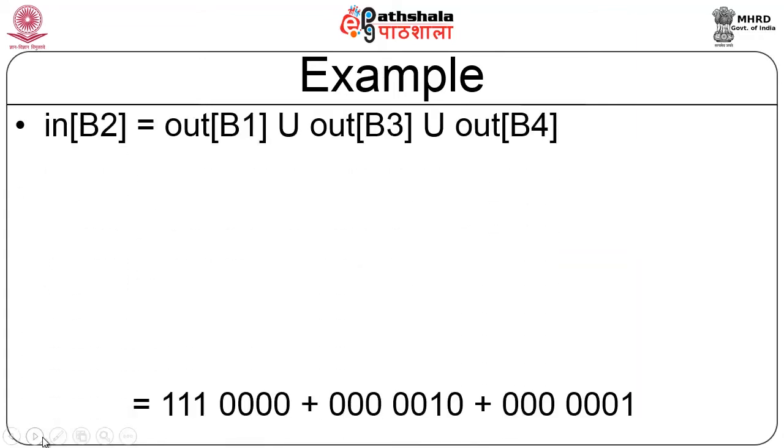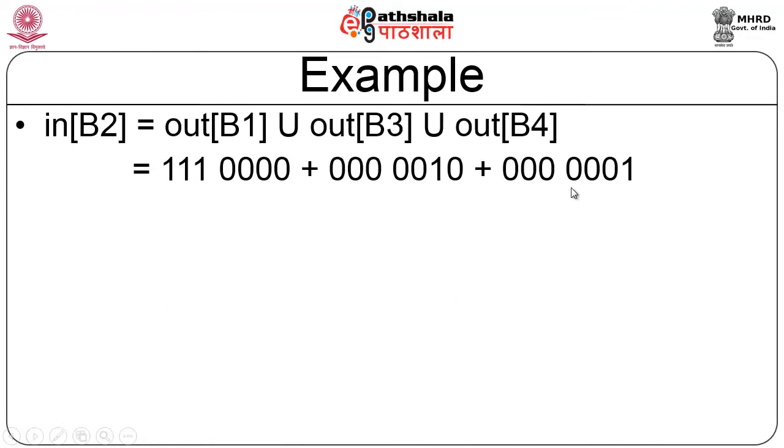So, therefore, here I have those as my implication. ORing of this will result in 111 because I have a 111 in the first 3, then the D4 bit is 0 in all, D5 is also 0 in all, D6 and D7 are set to 1 in these 2 respectively. Therefore, in of B2 is 1110011.